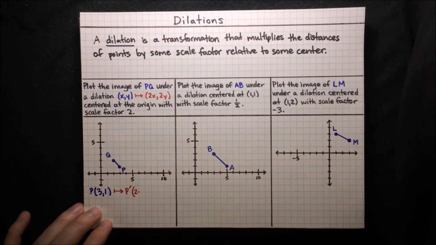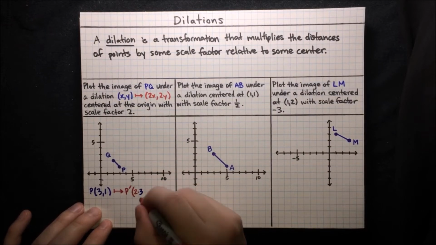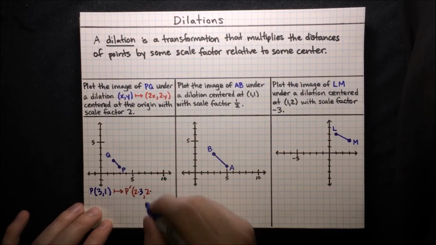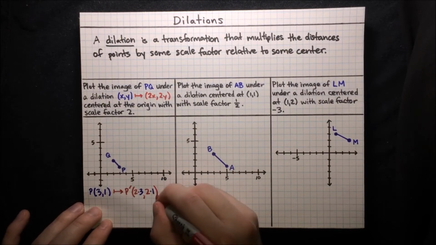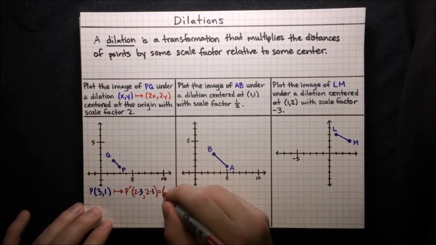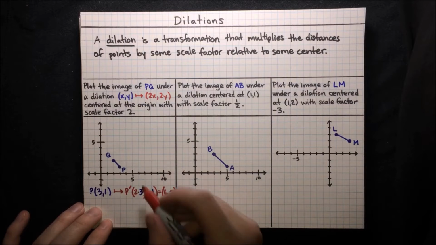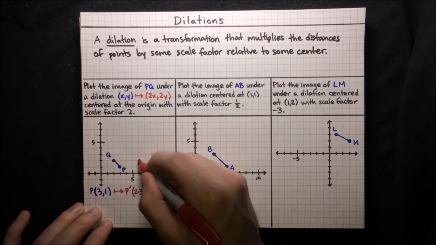So 2 times 3, and then it's the same idea for the y coordinate, 2 times the original y, so 2 times 1. And the result there, 2 times 3 is 6, 2 times 1 is 2. So P prime goes to (6, 2).